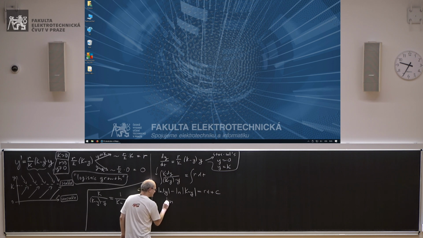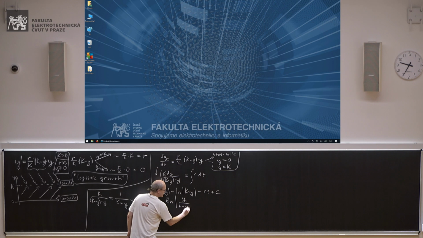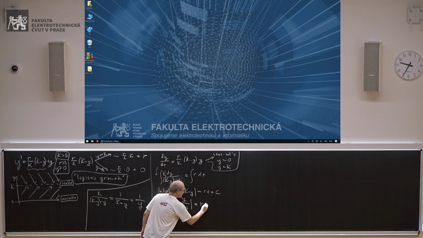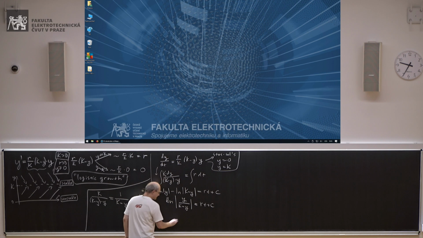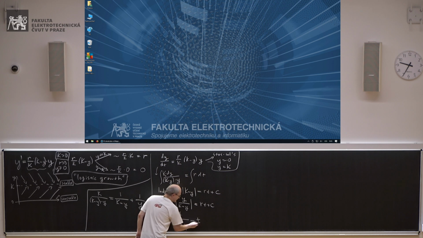Logarithm of y over k minus y is equal to rt plus C. And now when I apply exponential to the whole left-hand side, it cancels immediately with logarithm. Yeah, that's nice. And then I get rid of the absolute value, and I get y divided by k minus y is equal to plus minus e to c times e to rt.